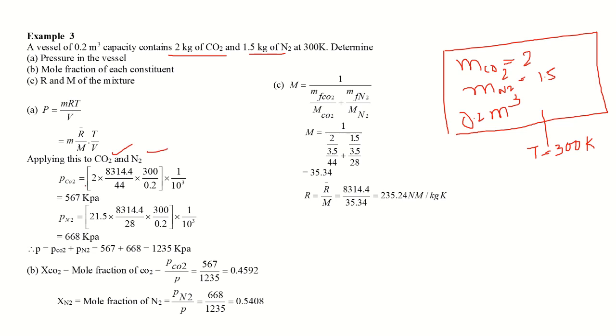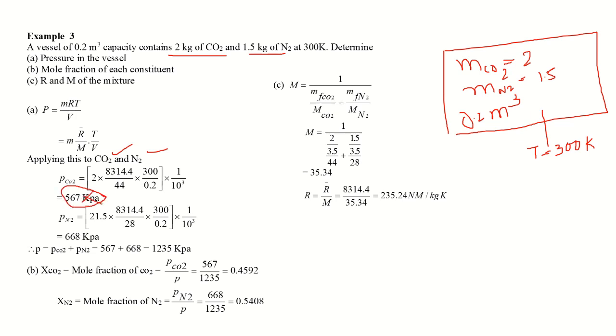Partial pressure of carbon dioxide: mass of carbon dioxide is 2 kg, universal gas constant by molecular weight, T, the temperature, is 300 K, V is 0.2 meter cube. Right. So I'll get kilopascal. I divided by 1000 to get kilopascal.